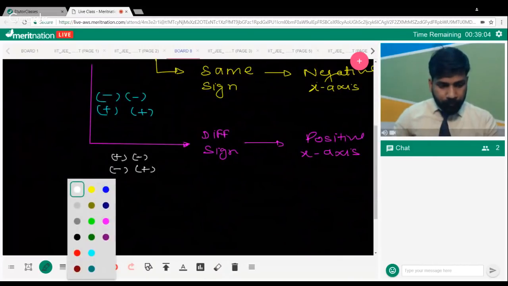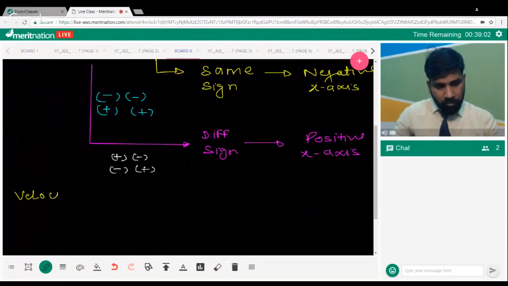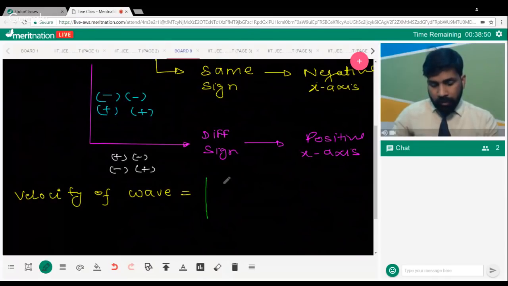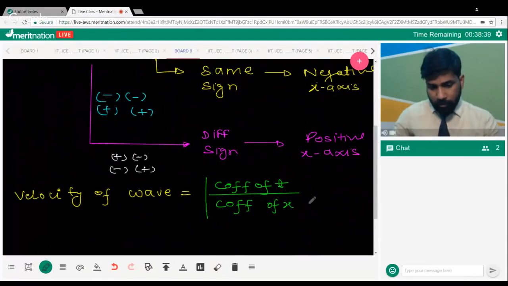The velocity of the wave, taking the modulus because we are talking about magnitude, is the ratio of the coefficient of t divided by the coefficient of x. This ratio will give you only the magnitude of the velocity of the wave.